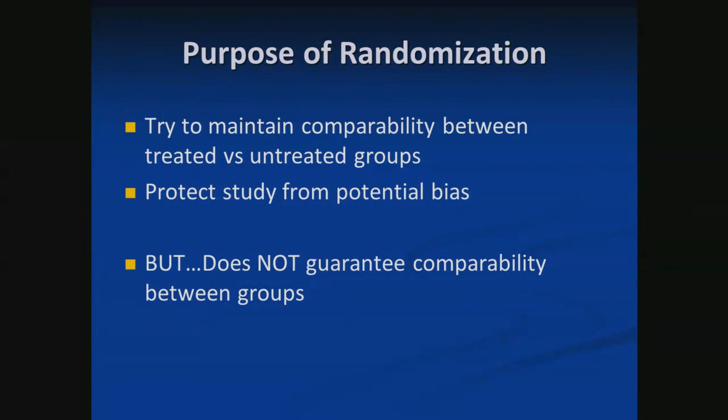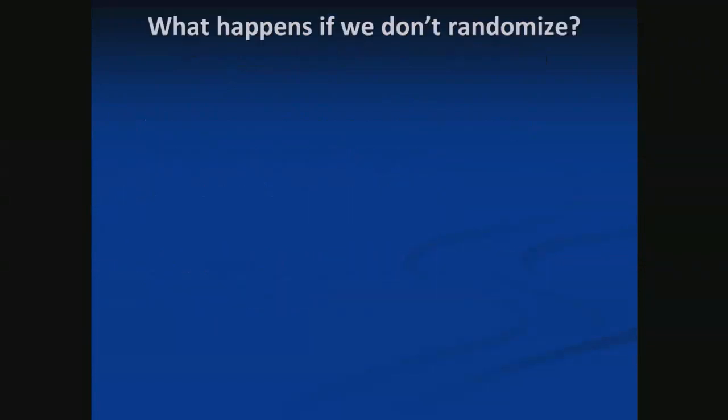If you really think that is a potential confounder, not guaranteed comparability is a problem. So if you think, for example, that gender is a massive potential confounder for your study, or age, which is often the case, you may want to ensure comparability. And we'll talk about how we do that. It's called matching, or not matching here, that's for case control studies, but stratified randomization. Okay, so we'll see what that looks like.